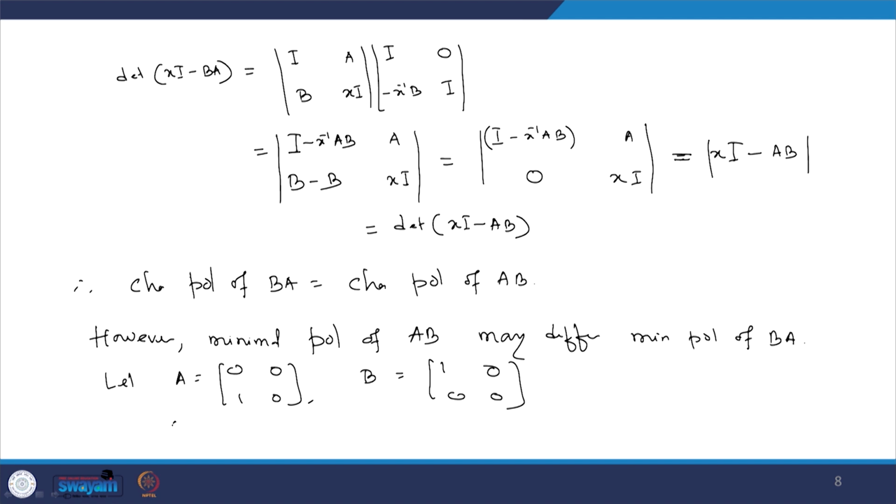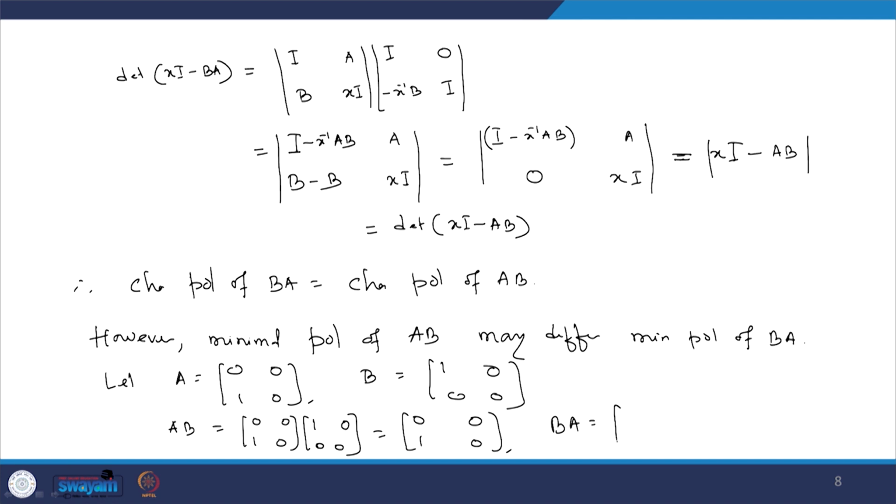Now, AB equal to what? [0 0; 1 0] into [1 0; 0 0]. So, this is equal to [0 0; 1 0]. What about BA?